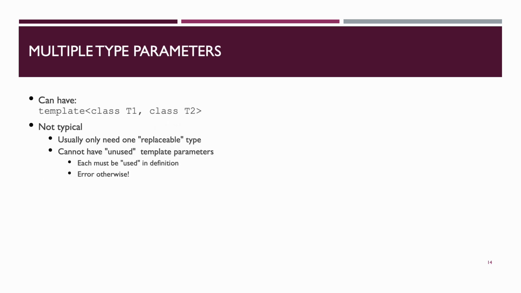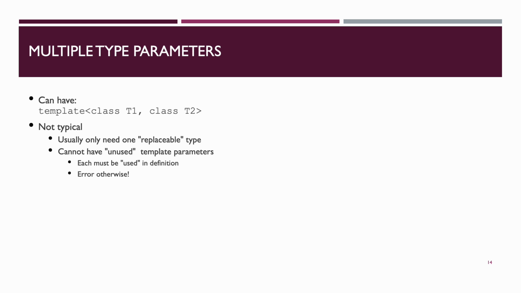So it is possible to define a template with multiple type parameters, as shown in the syntax template class T1, class T2. This allows you to create functions or classes that can handle different types for different parameters. In many cases, you will only need one replaceable type, making multiple type parameters less common.